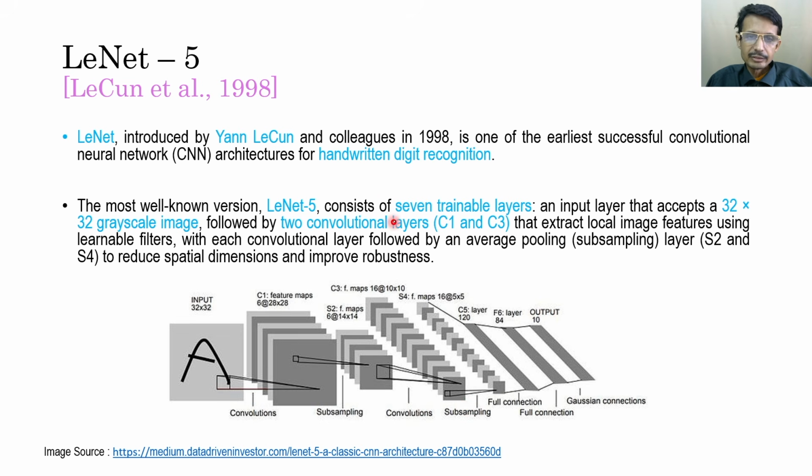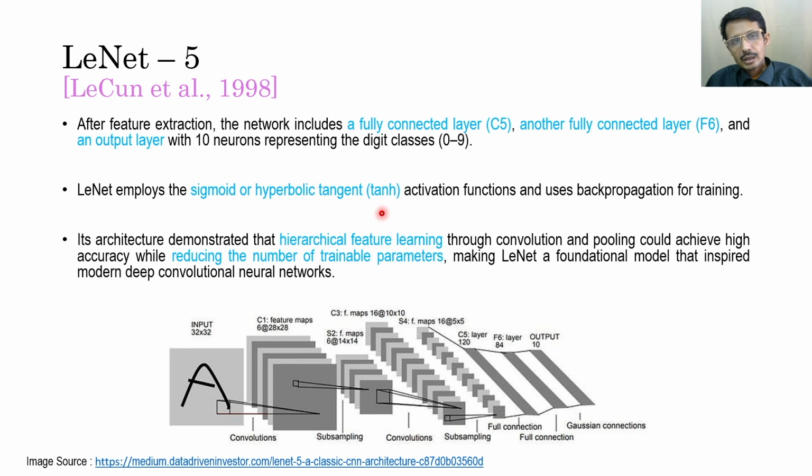These are very generic, very simple kind of convolution networks. Then after feature extraction up to this, there is a fully connected layer C5, followed by another fully connected layer F6. And then the output layer, which has 10 classes for the 10 different digits, 0 to 9.